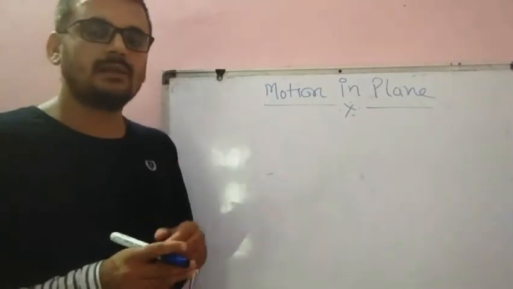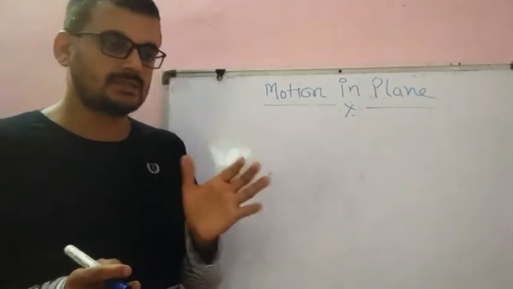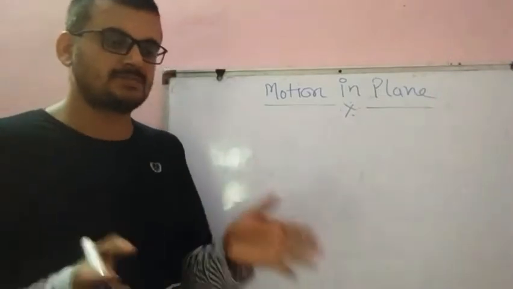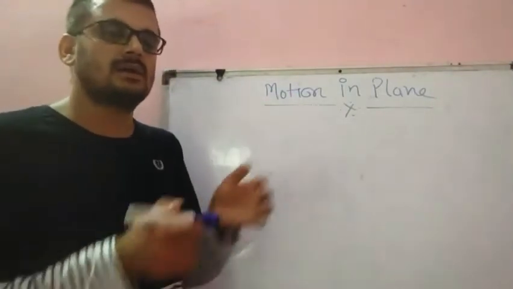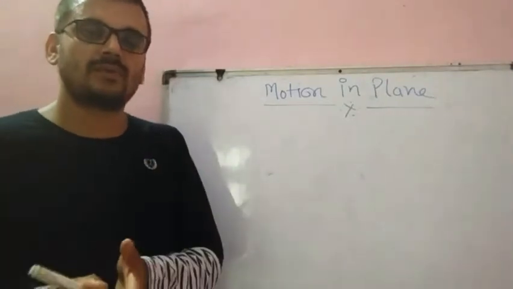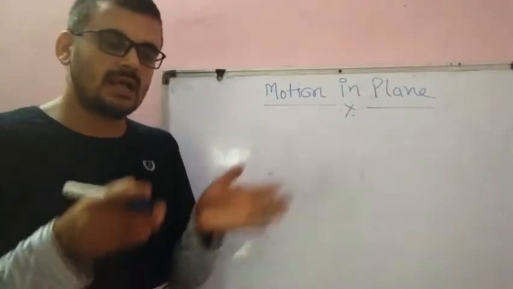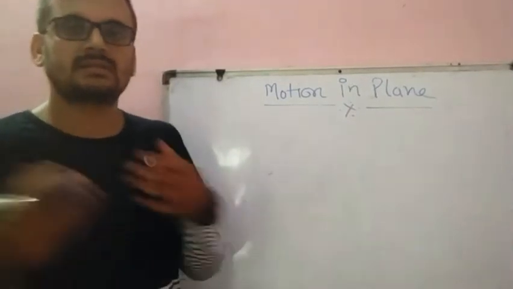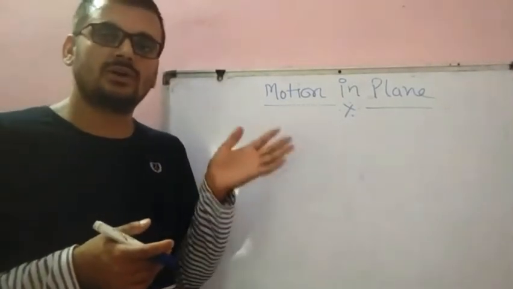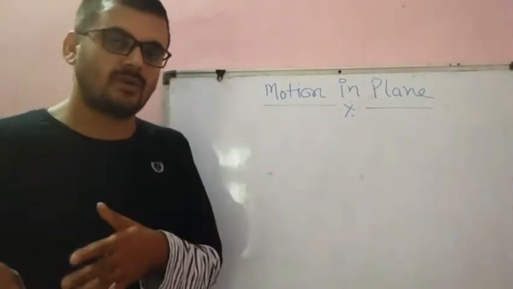Then we will study definitions like displacement vector, position vector, and different types of vector, like the zero vector, the unit vector, and some other types also. Then vector product and scalar product, that is called cross product and dot product also.